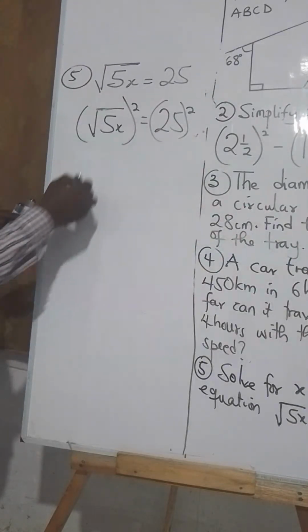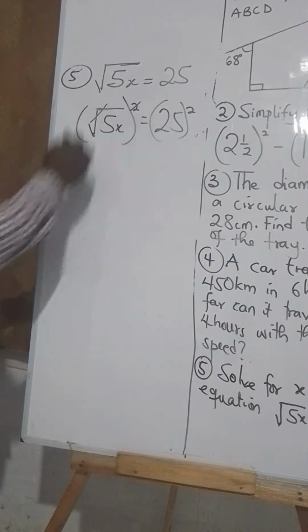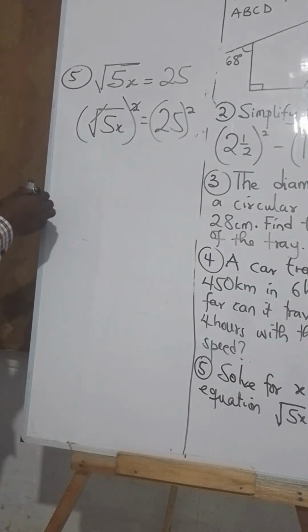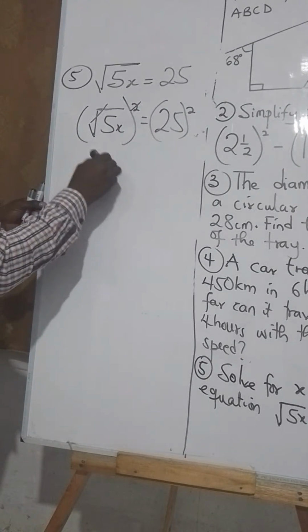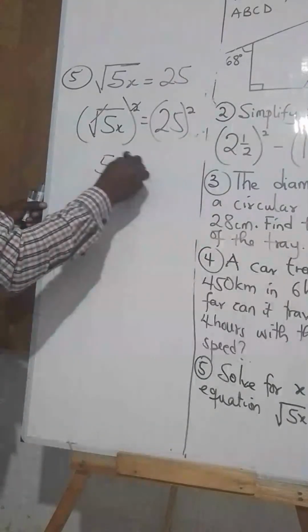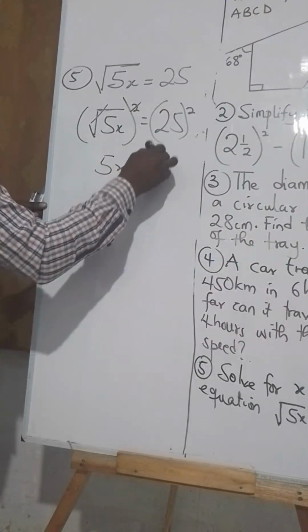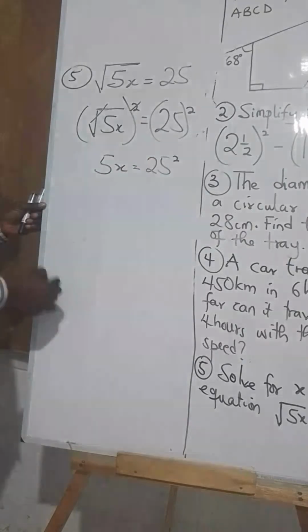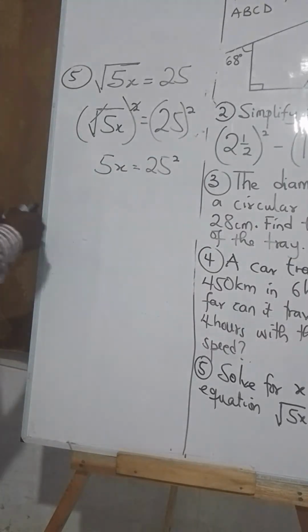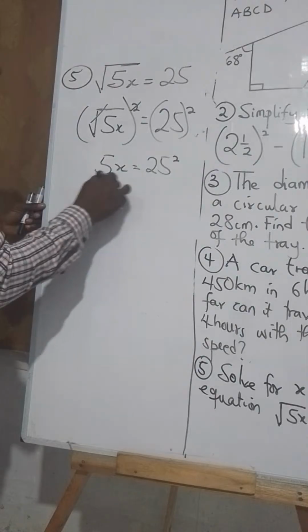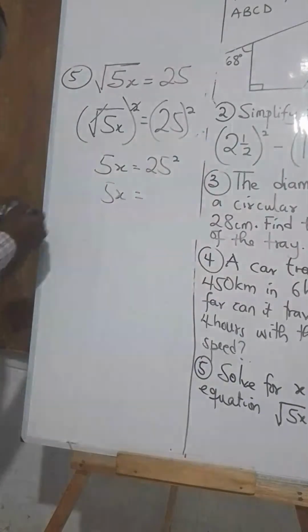So this square will cancel the square root here, and we get 5x on this side. Then here will be 25 squared. So this is 5x equals 25 squared.